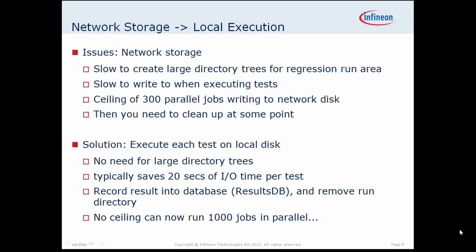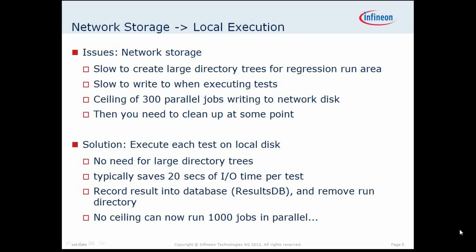And when the test is actually running on a machine, running the simulator or building the test, we found we were saving 20 seconds of I/O time per test. Our average test time was 100 seconds, so we instantly saved 20% of our execution time purely by moving to a local disk.